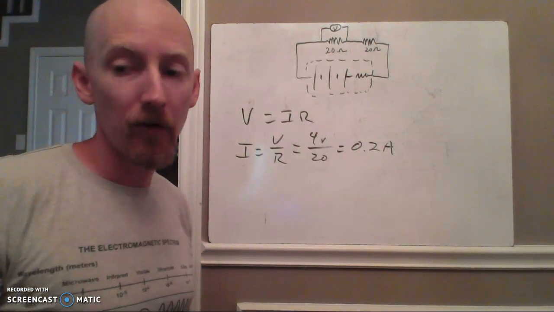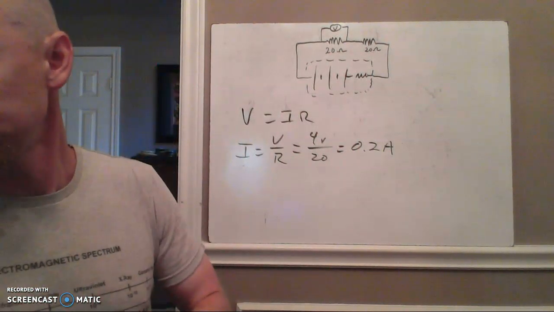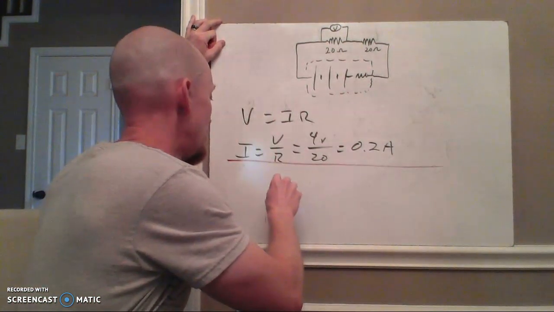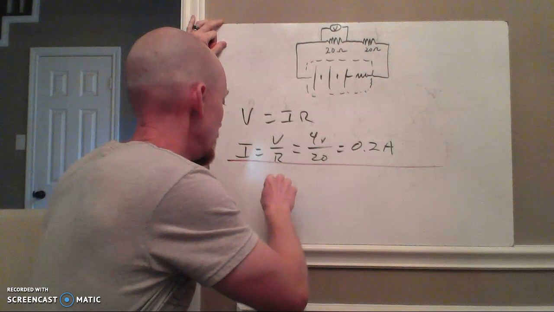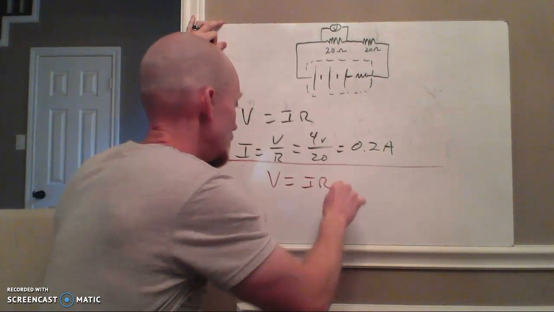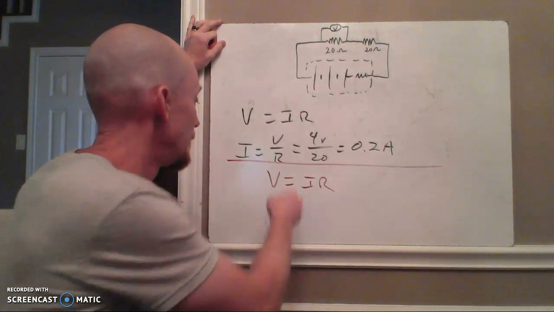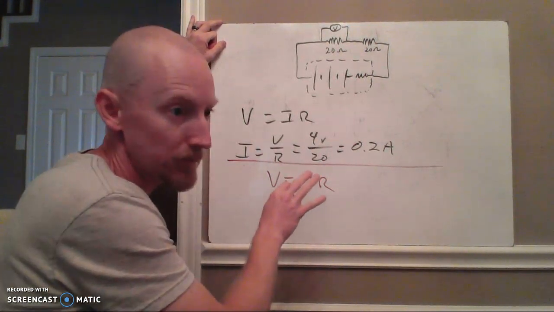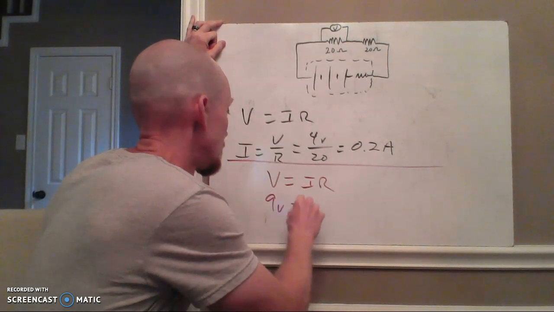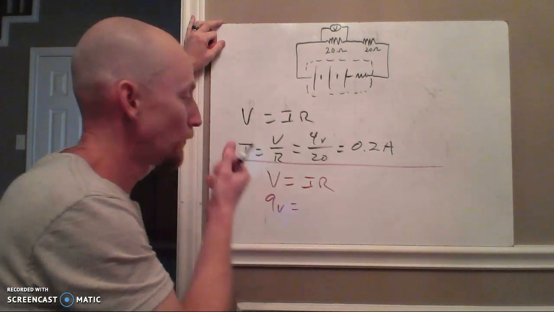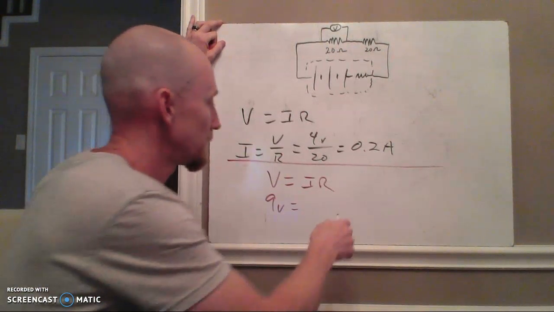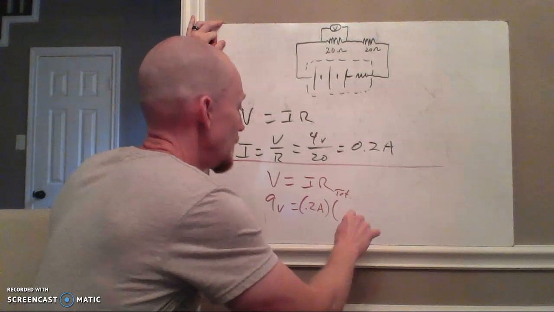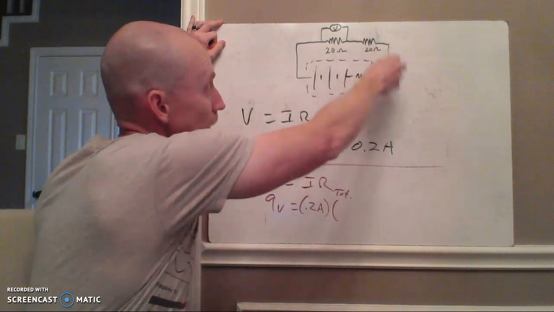Okay, now as far as your battery goes, you can look at the battery as your total voltage source, and you can use Ohm's law here. If your total battery voltage maximum it possibly can do is 9 volts, then what is the total resistance going to be? Well, I was 0.2 amps. R total is adding up all the R's.